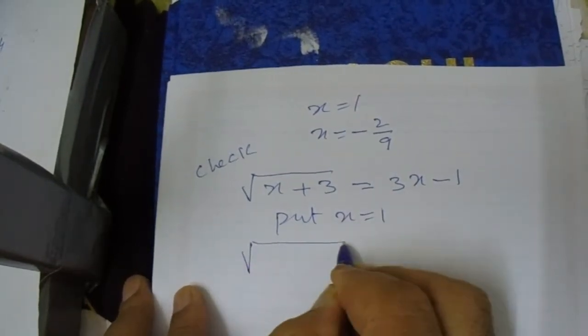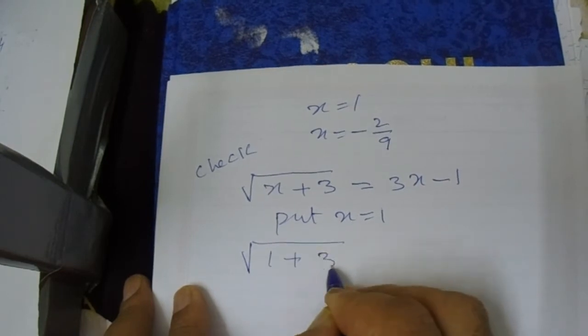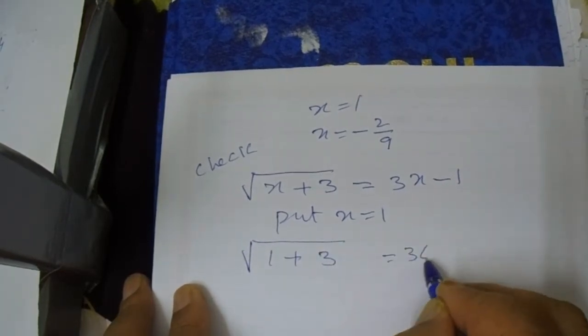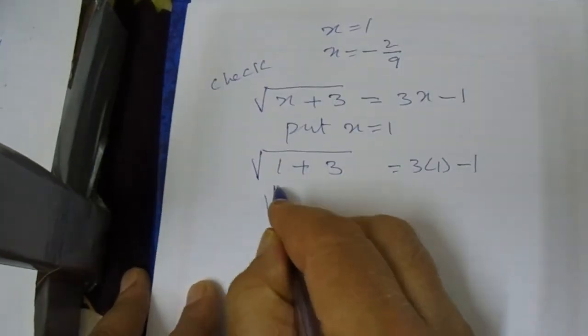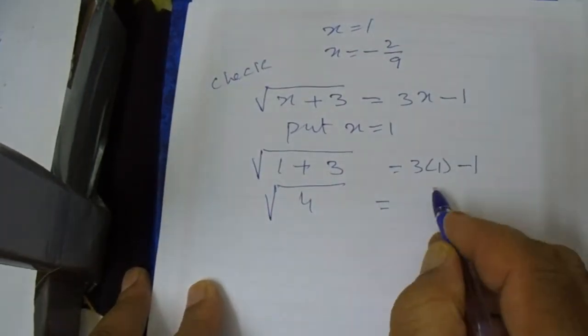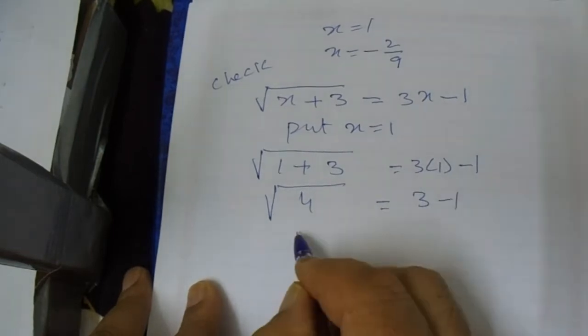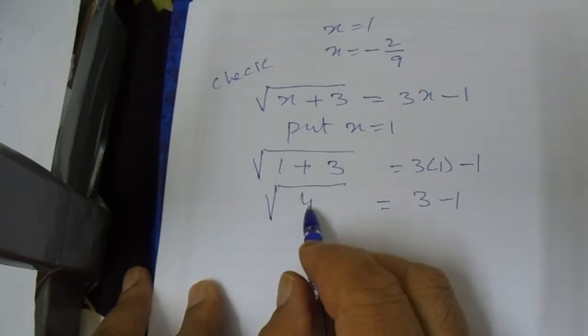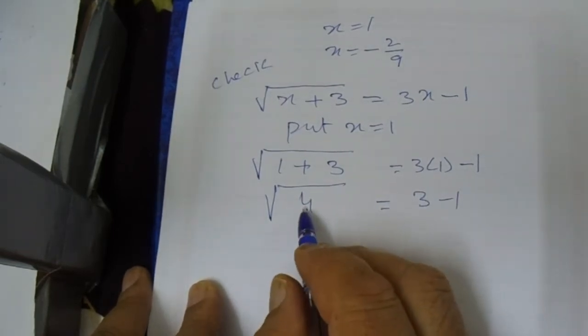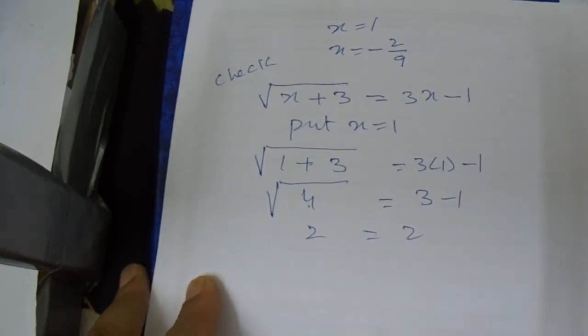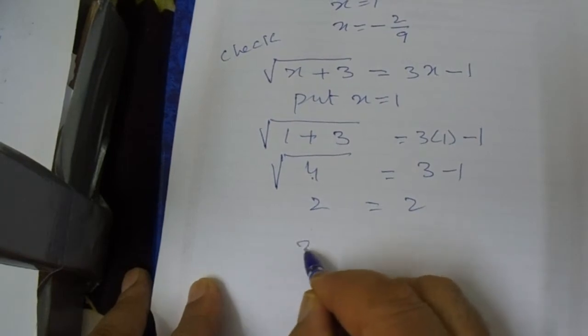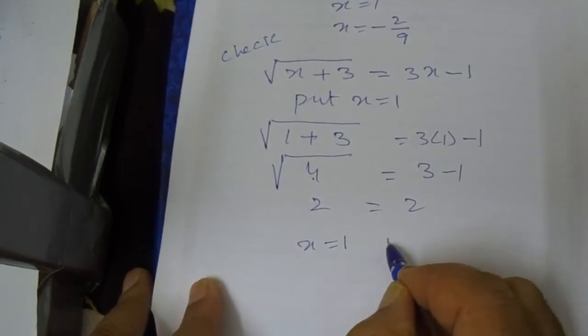Now we write here 1 plus 3 is equal to 3 into 1 minus 1, under root 4 is equal to 3 minus 1. This square root of 4 is 2 and 3 minus 1 is 2. Now left hand side is equal to right hand side. It means x is equal to 1 is true.